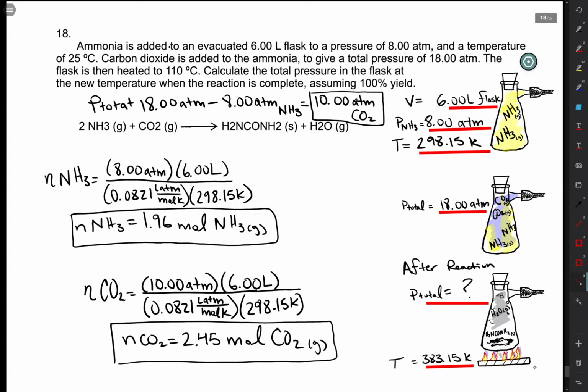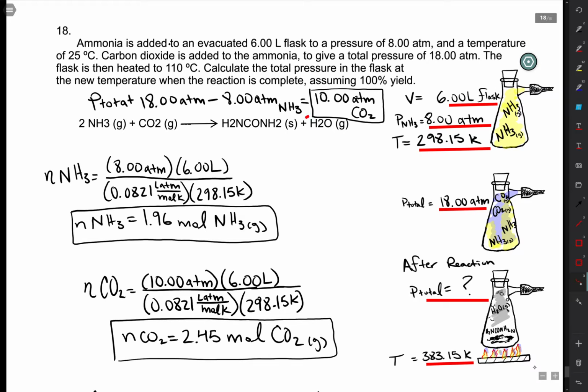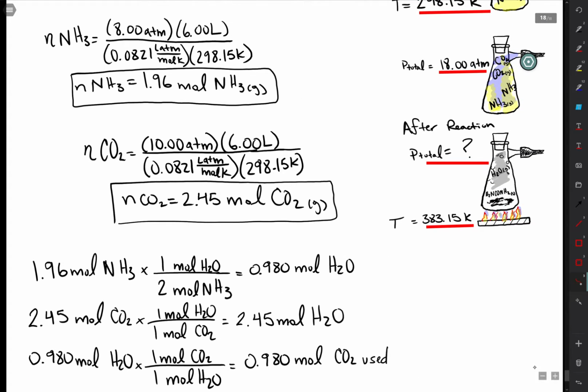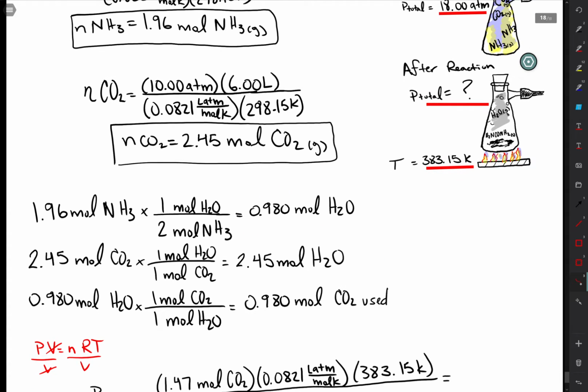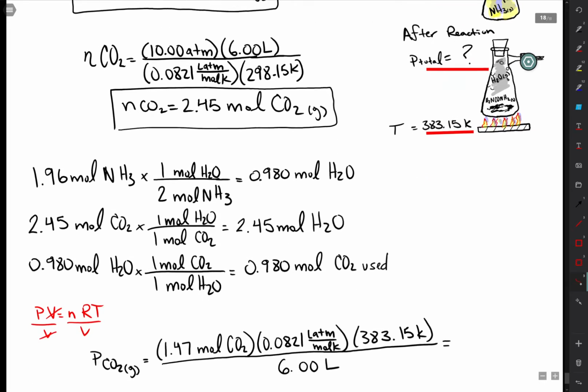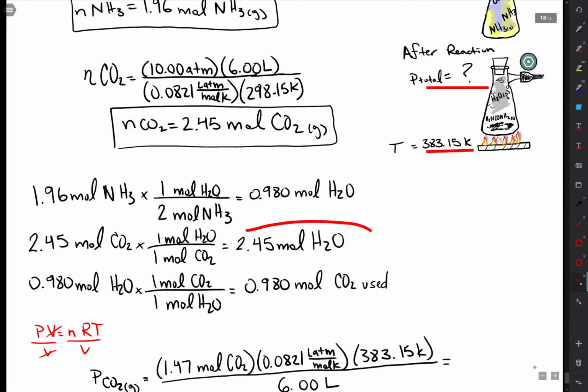We had 2 moles of ammonia with 1 mole of H2O gas, and this produces 0.980 moles of H2O. Then we can do the same thing with the moles of CO2, and do another mole ratio where we have 1 mole of CO2, 1 mole of H2O, and this produces 2.45 moles of H2O.